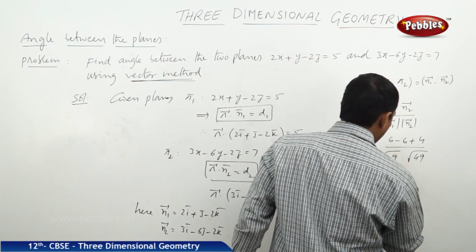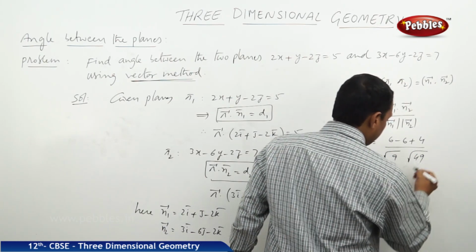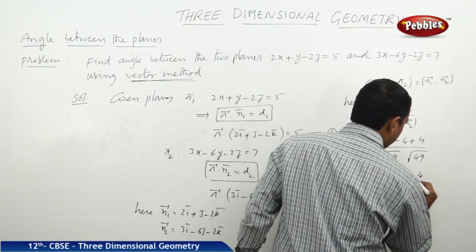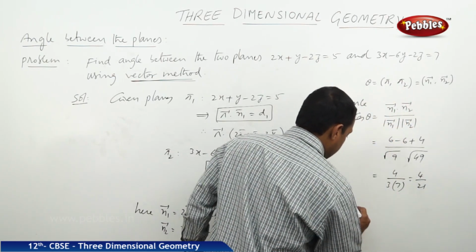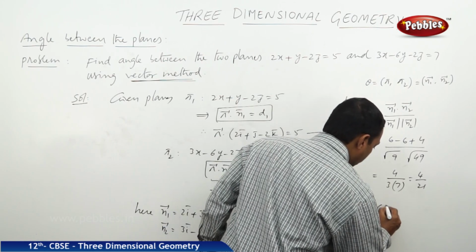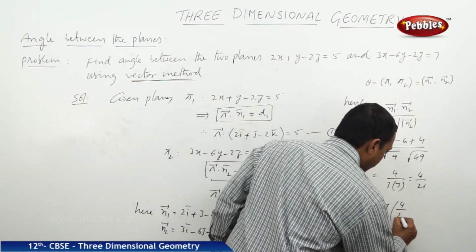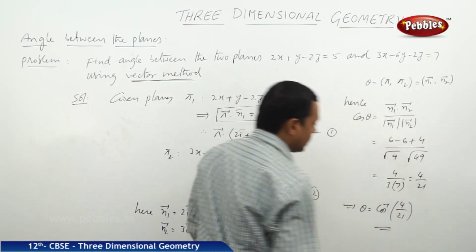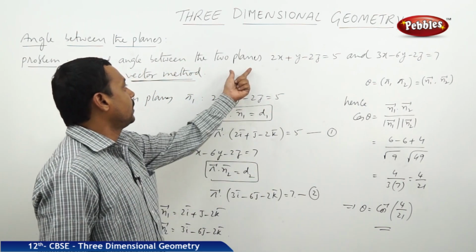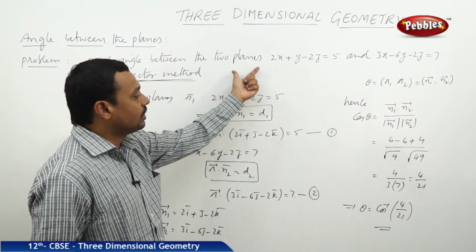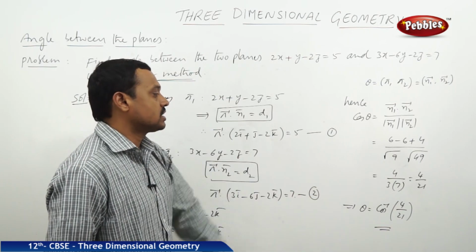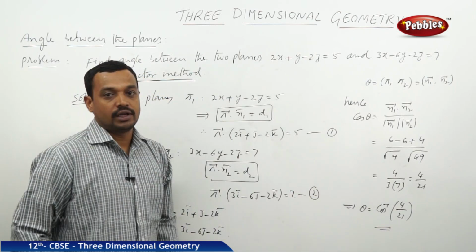Therefore, it is 4 by 3 into 7, so 4 by 21. This implies theta is equal to cos inverse of 4 by 21. Hence, the angle between the two given planes is cos inverse of 4 by 21.